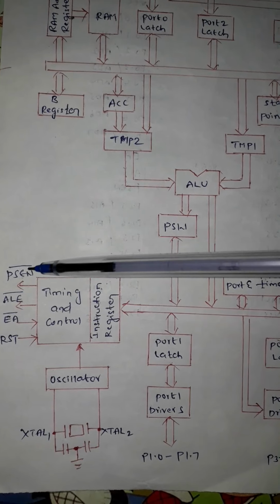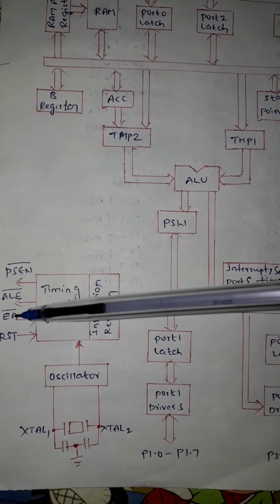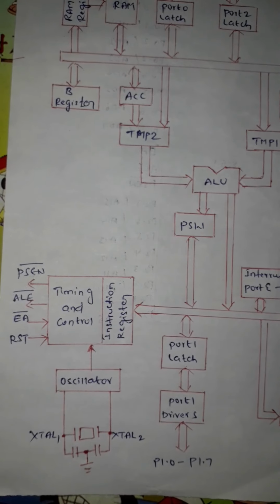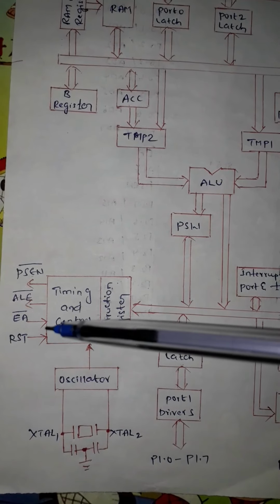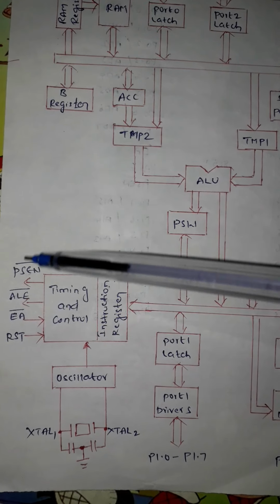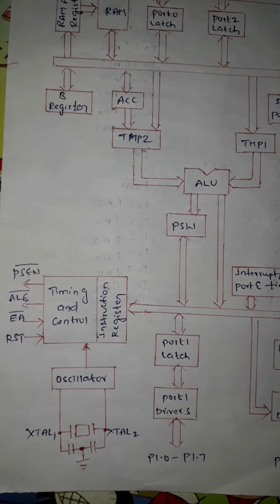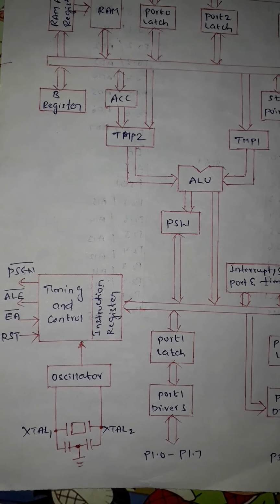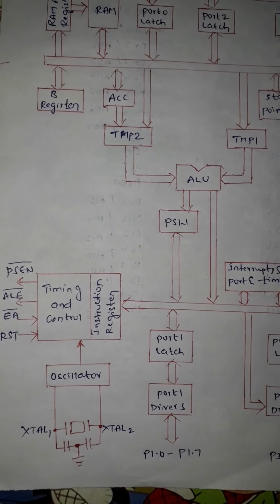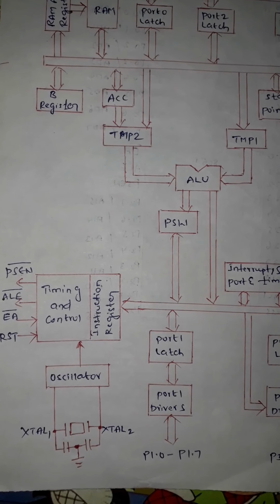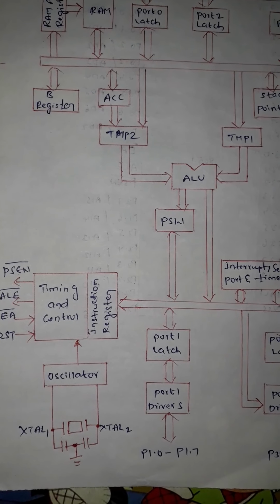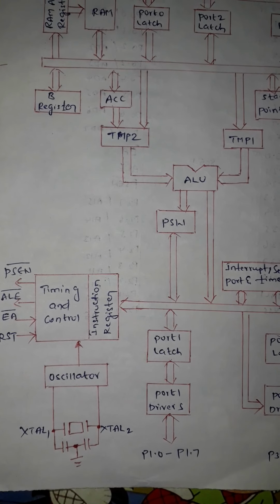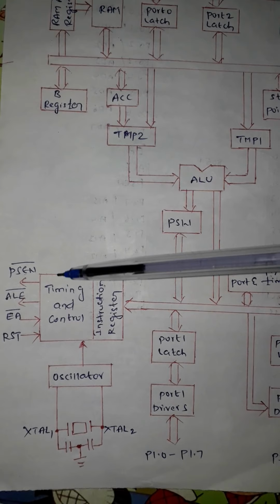And it also has 3 other control pins: external access, address latch enable and program store enable. They are used for external access. That is, we have internal memory, ROM and RAM, and you can also interface external memory to the controller, which can be accessed through these control pins.